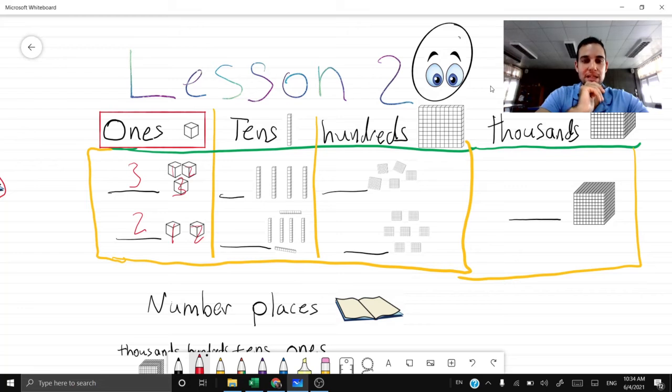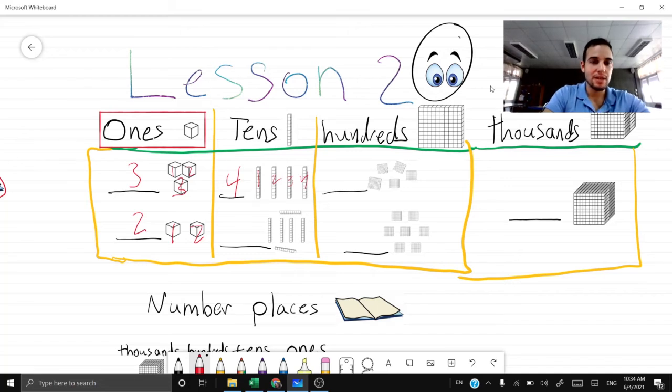And how many tens do we have? 1, 2, 3, 4. There are 4 tens. So let's count. How many is 4 tens? Ready? 10, 20, 30, 40. 40 cubes in 4 tens.